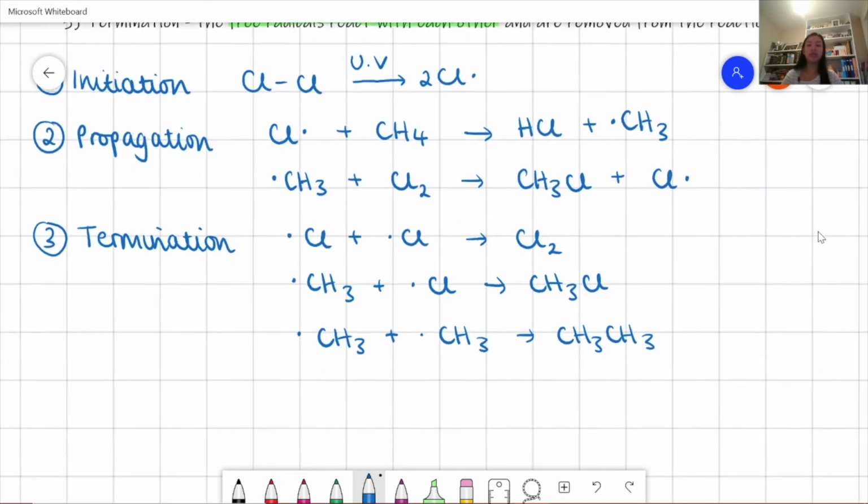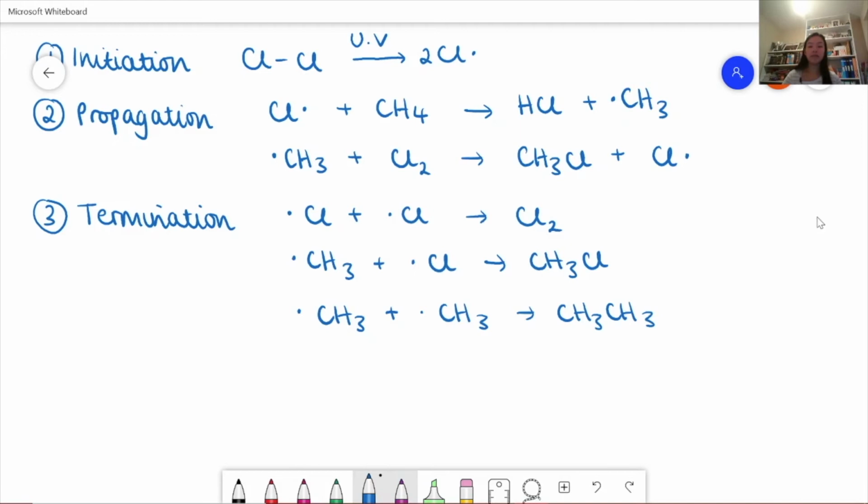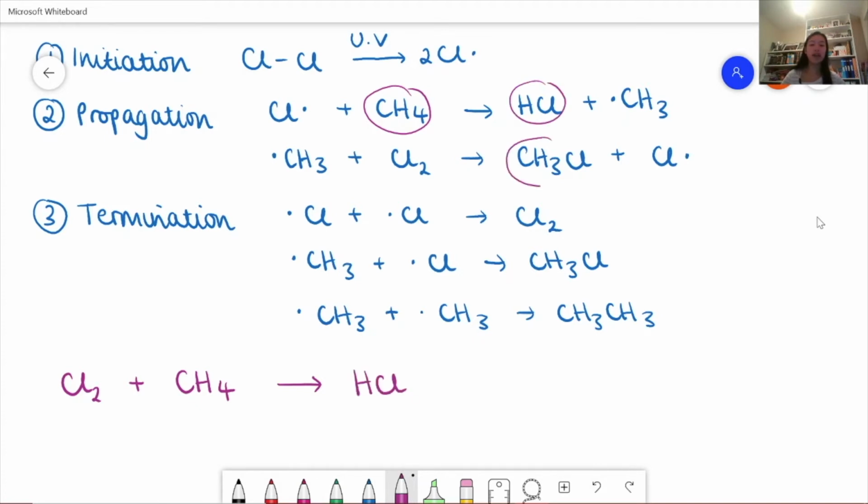So then overall, what we have is that we started off with some Cl2, so we've got some chlorine, and we reacted it with this methane here. And then what we produced was this hydrochloric acid, and we also produced this chloromethane.